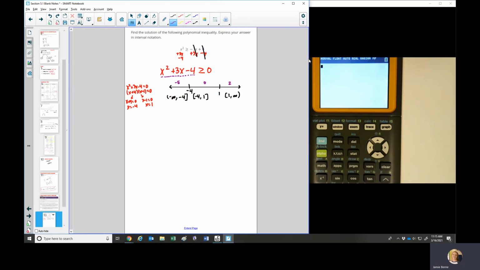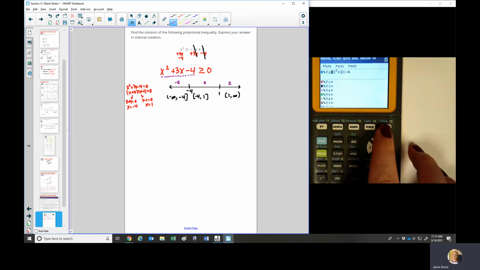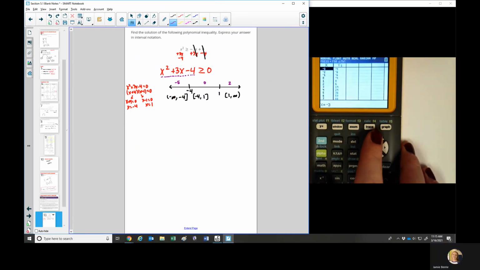Now I'm going to plug in negative 5 into my polynomial. So negative 5 squared. Actually, let me show you an easier way to do this. Since we have to plug in several values, we can go to y equals, plug this in. So that'd be x squared plus 3x minus 4. Then go over here to the table. Second graph takes you to the table.